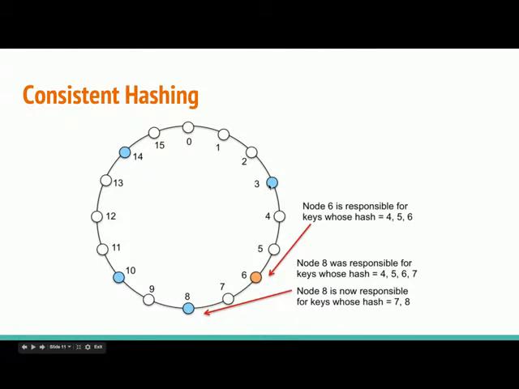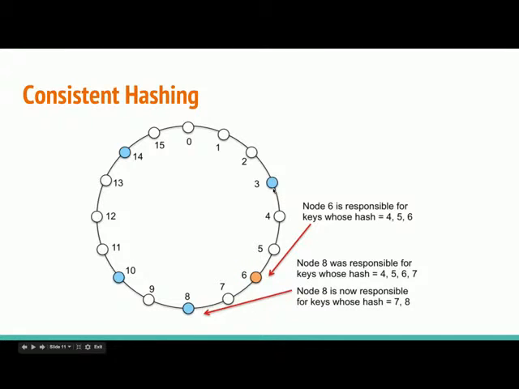Well, because you are 3, you don't have 11, and you do not know who is holding 11, because you don't know whether there's a node 11 or server 11. So what you have to do is ask around.